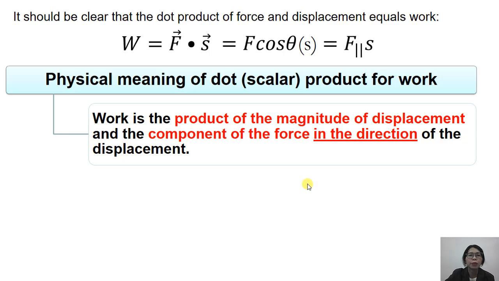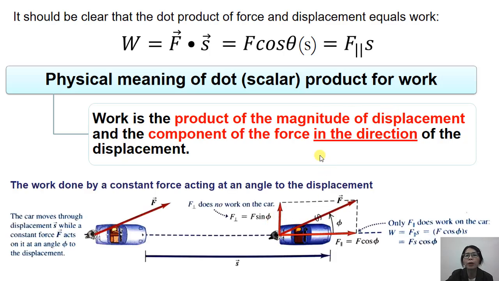This is the physical meaning of dot product for work. Work is the product of the magnitude of displacement and the component of force which is in the direction of displacement. If you refer to this diagram, the car is moved through a displacement while a constant force F is acting on it at a particular angle phi to the displacement.